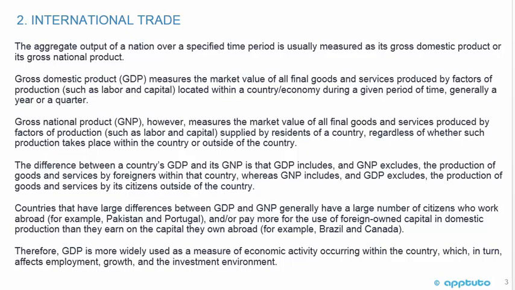Countries that have large differences between GDP and GNP generally have large numbers of citizens who work abroad, for example, Pakistan and Portugal, and/or pay more for the use of foreign-owned capital in domestic production than they earn on the capital they own abroad, for example, Brazil and Canada. Therefore, GDP is more widely used as a measure of economic activity occurring within the country, which in turn affects employment growth and the investment environment.